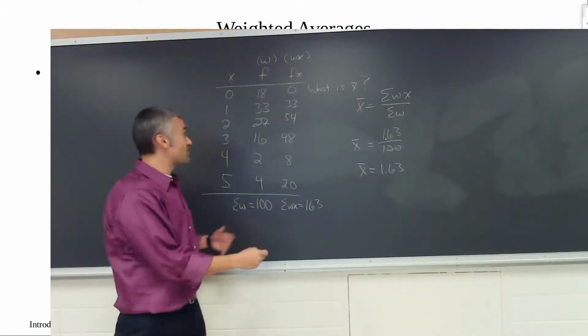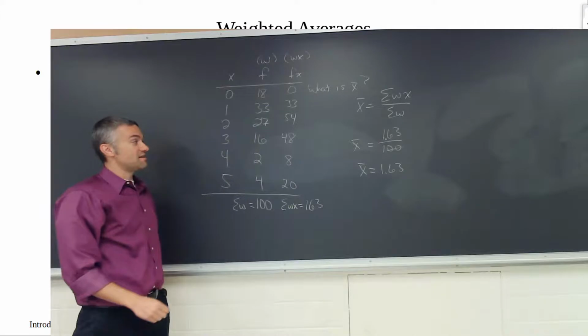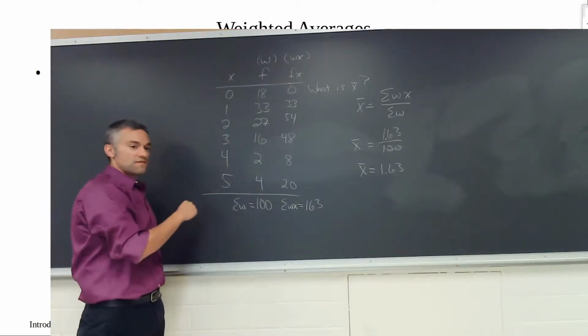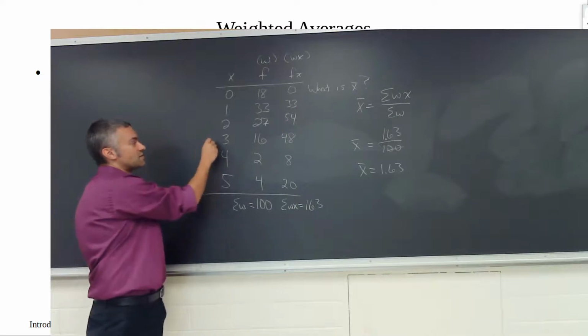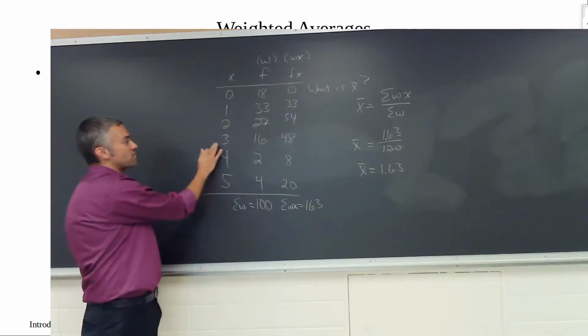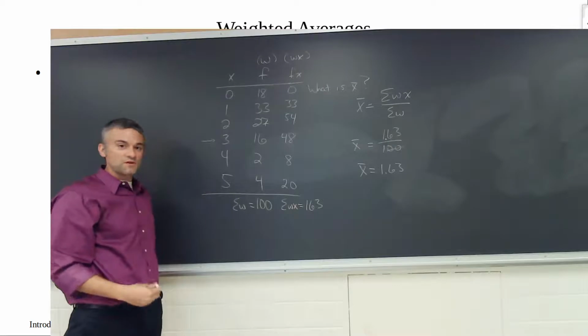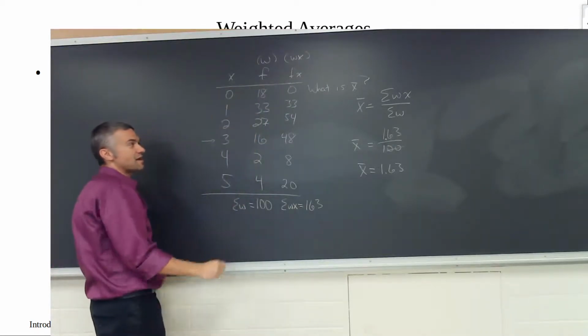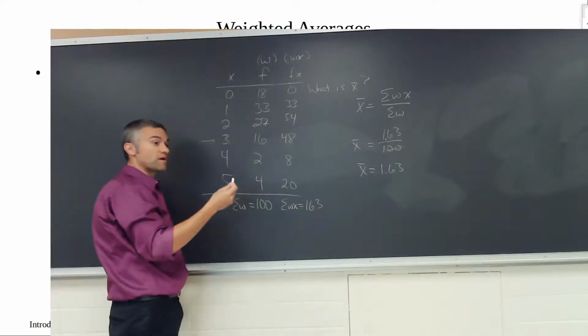All right, so that's our average x, and it should kind of make sense. If you look at just 0 to 5, you think our average is someplace around here, maybe right at 3. But then when you look at the weights, you can see I have many more families that had fewer kids.